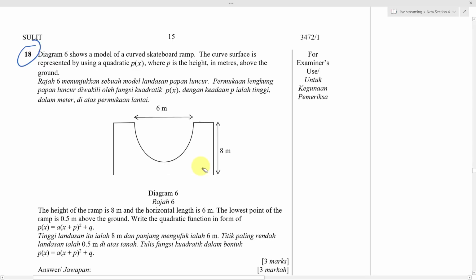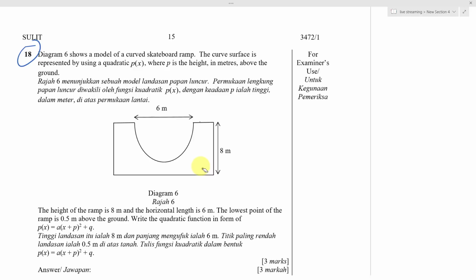Anyways, my suggestion for you in this kind of question is, because you need to build the wall, or the skateboard ramp, the y-axis is not important, because when you build it you don't need your y-axis.